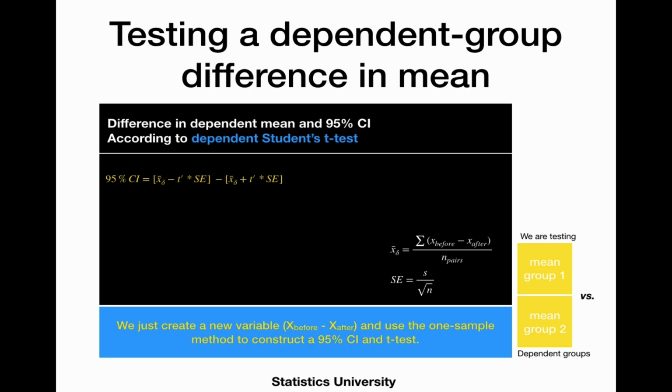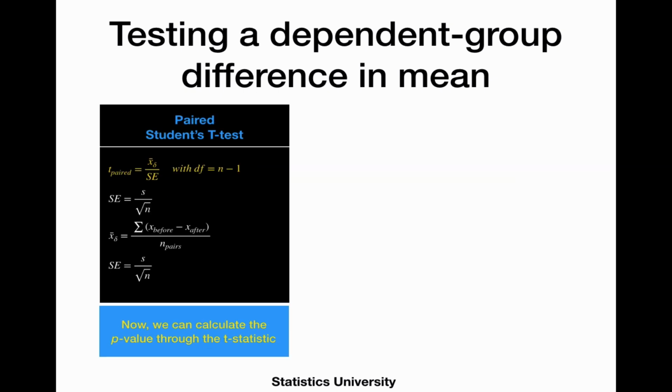And we take the t-statistic approach to construct a 95% confidence interval. And the t-paired statistic will be the sample mean of the difference values divided by the standard error with n-1 degrees of freedom.